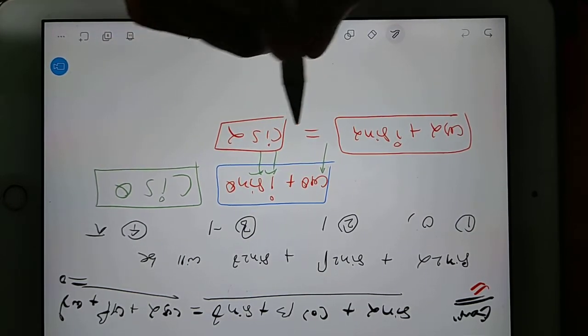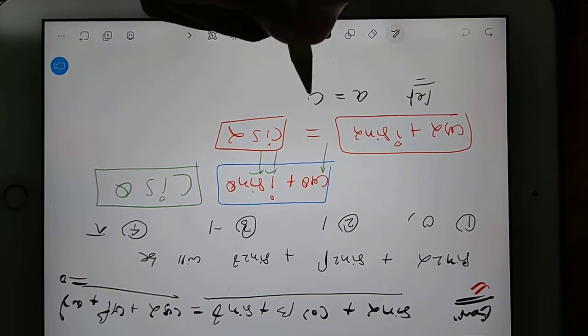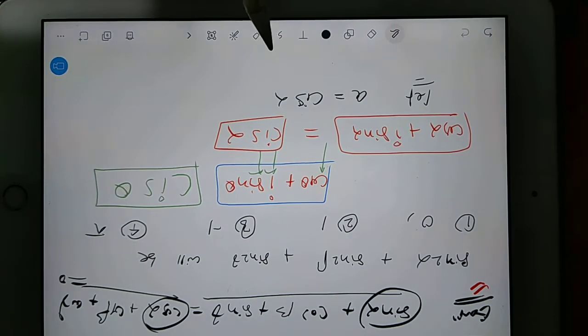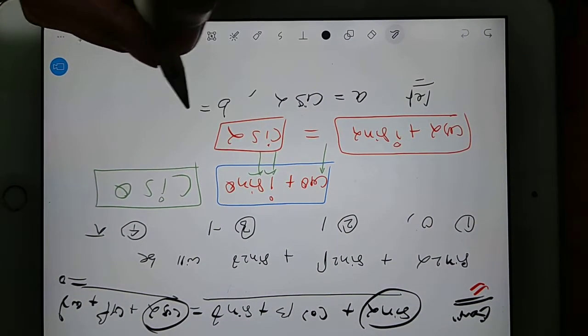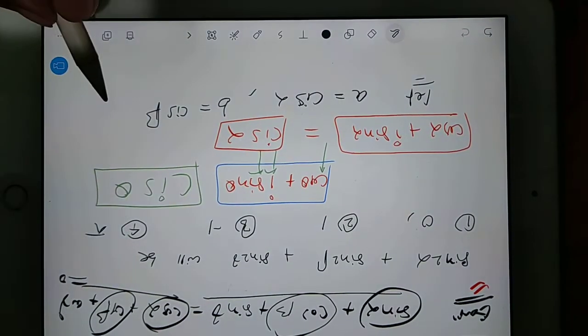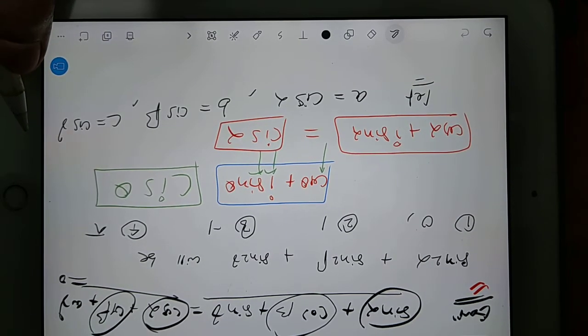So the trick is: let A equal cis alpha, so the alpha portion I took into consideration. Then consider B equal to cis beta, then the beta portion also. Then my C is equal to cis gamma.